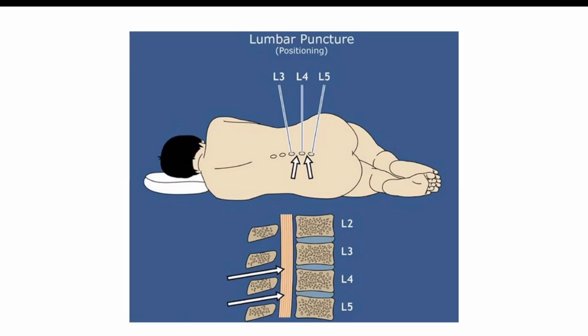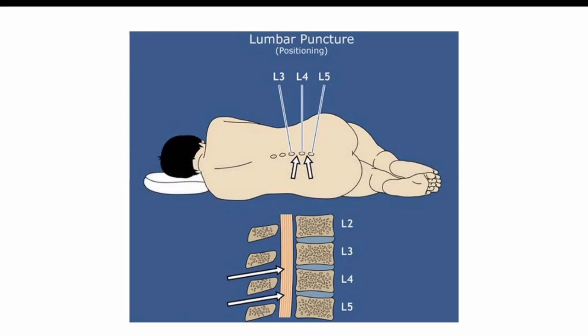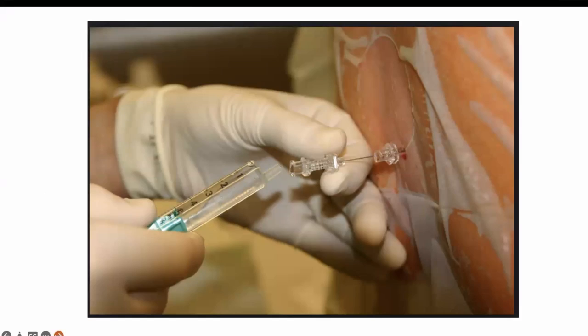The best position for pediatrics is the prone position, with the knees and hips flexed, and you can palpate the iliac crest as your marker for the position between L3 and L4 or L4 and L5, and correlate that with the intervertebral space. Okay. Sitting position is also one of the positions for LP, done on older children, more than 12 years, but in pediatrics we prefer the prone position.